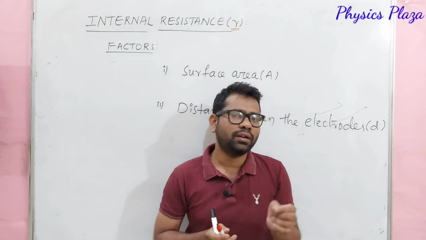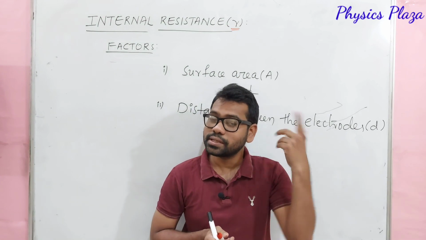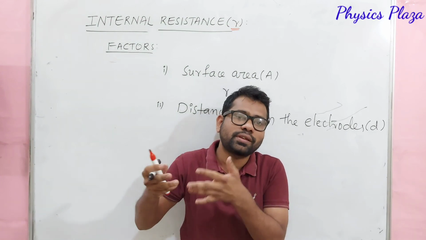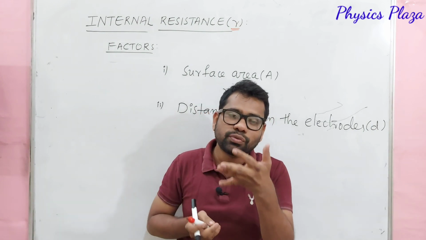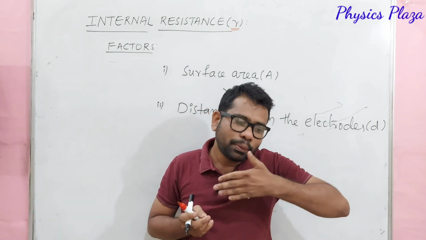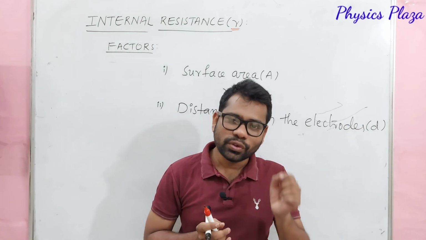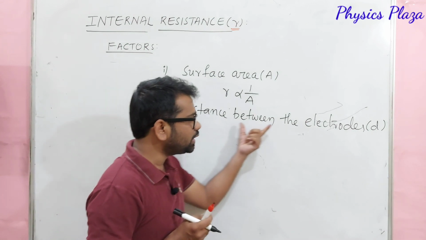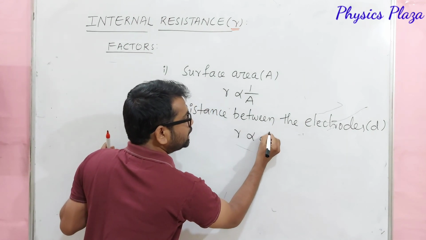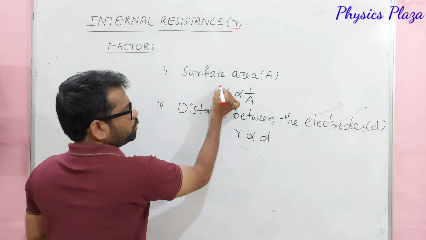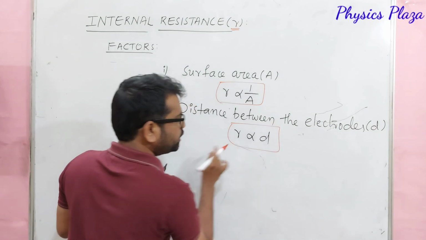Already we discussed that when the length increases, the resistance increases, because there are more chances of collision. As the number of collisions increases, there won't be a proper flow of charges, so there will be more resistance. As the distance between the electrodes increases, the internal resistance also increases. So first point, R is inversely proportional to A, and here R is proportional to d.